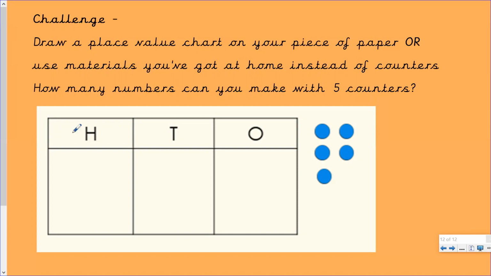So you're all going to draw a place value chart and draw the counters pictorially, or you're going to use materials you've got at home. For example, conkers or anything circular that you may have. But don't worry if you don't have anything, you can just draw the counters as well, pictorially.